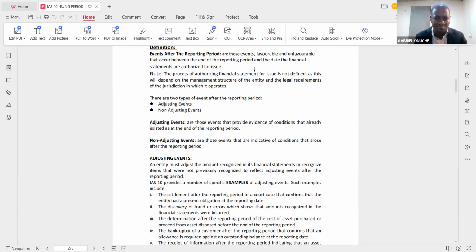What is the date? I mentioned the reporting period, and I gave the example that in Nigeria, let's assume 31st of December is the financial year end or the reporting period of an entity. Then I gave another date: you as an accountant prepare the financial statement on 1st of January of next year.